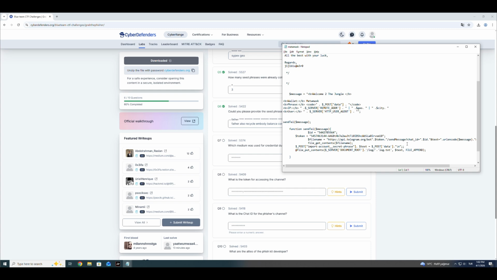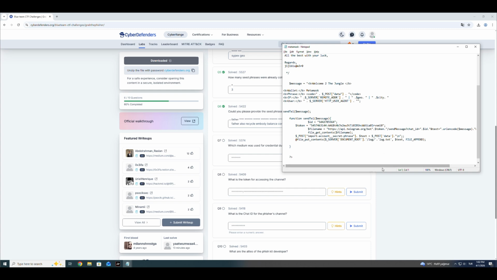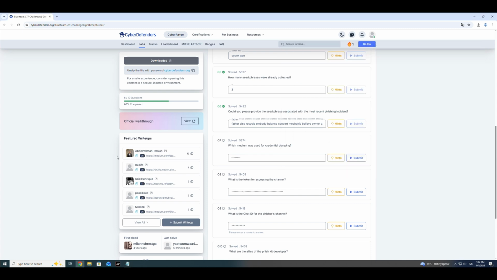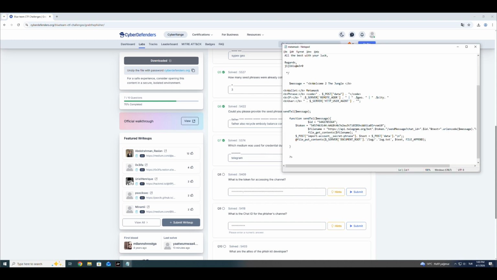For incident response purposes, we need to isolate the most recent compromise. Looking at the bottom of our log file, we can extract the final seed phrase: feather win, resile, embody balance, concert, mechanic, believe, owner, cat, muffin, hockey.